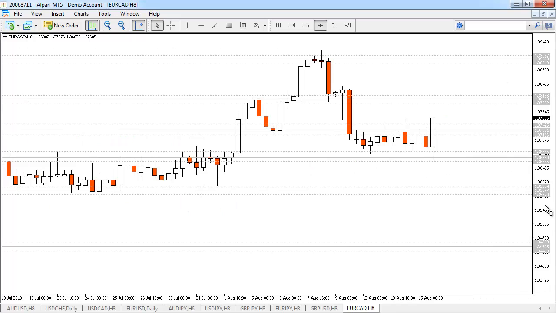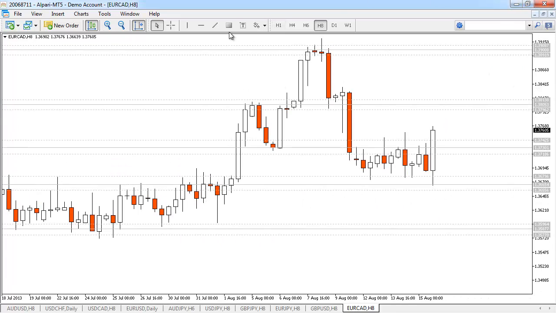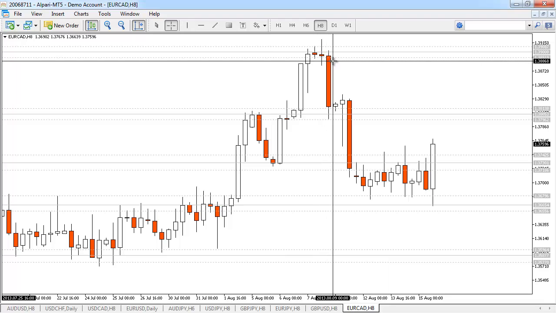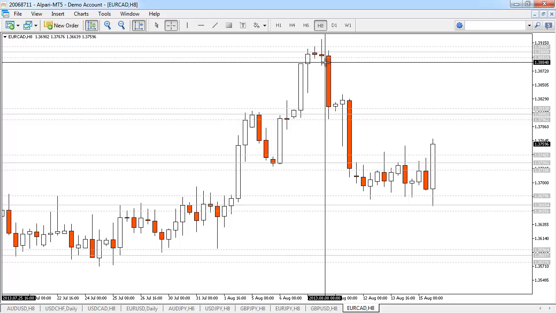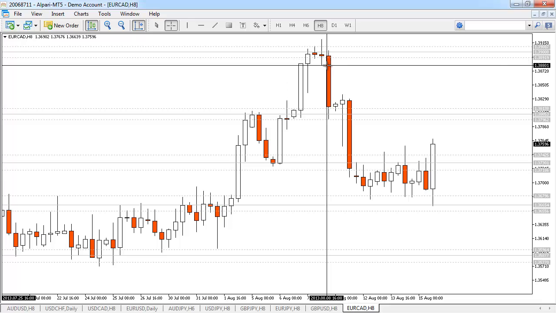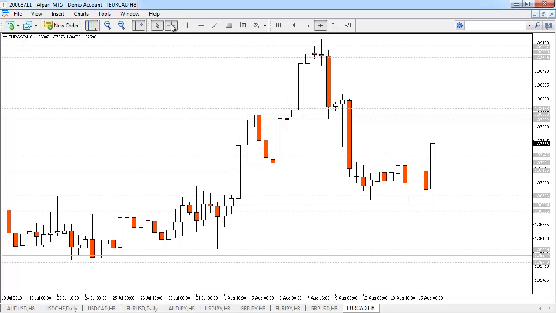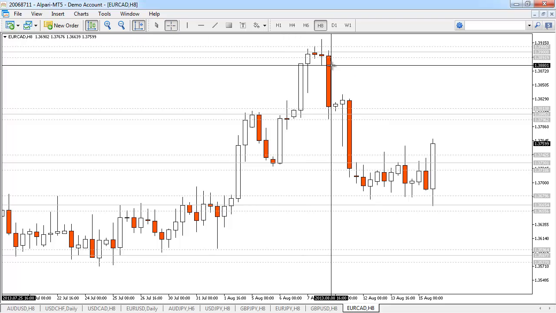Let's zoom in. So this trade was entered on this candle here as it came down to the low, and it retraced up to around about here. So this was another one of those retrace trades that I was talking about earlier.